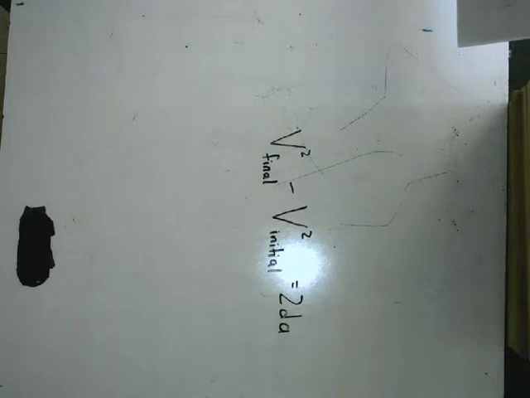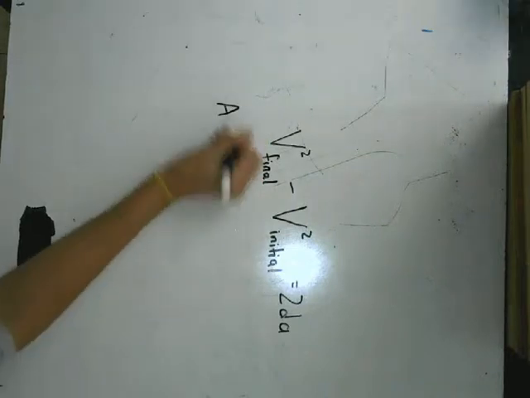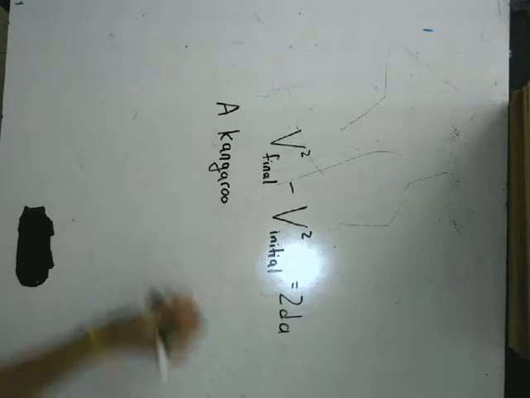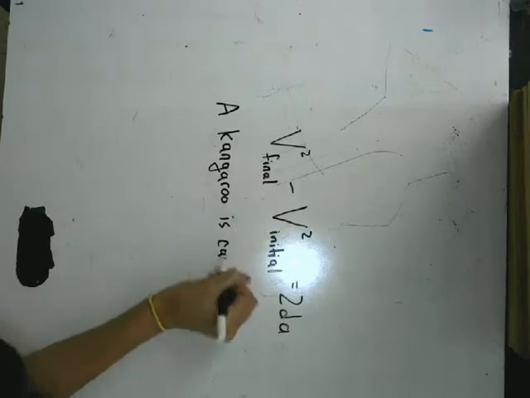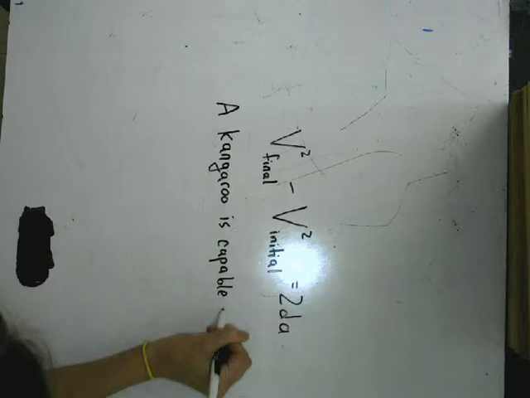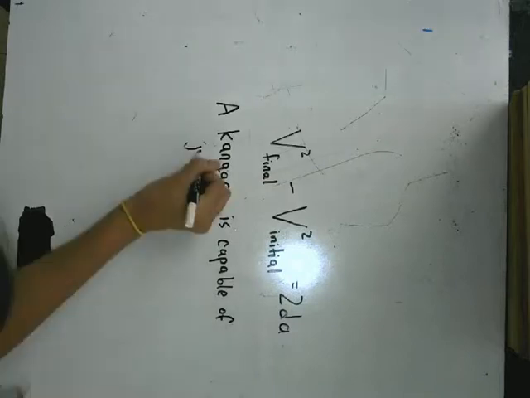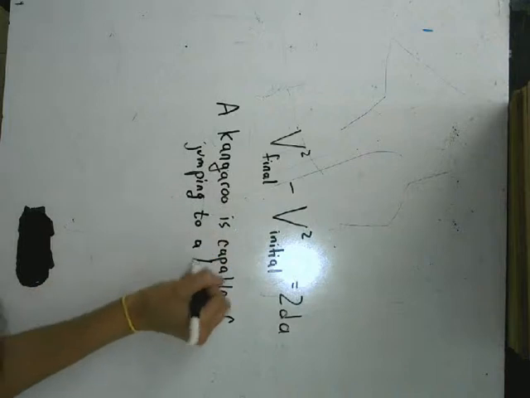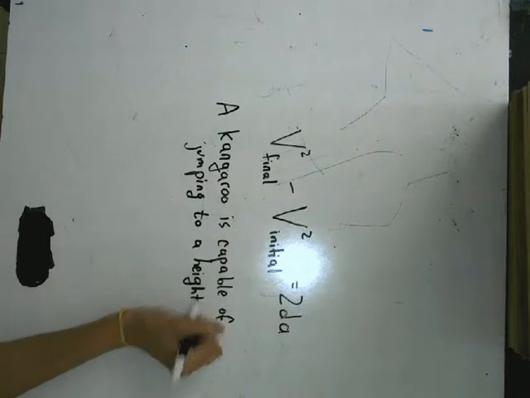So basically when we are looking at one of the problems, the problem is a kangaroo is capable of jumping to a height of 2.62 meters.